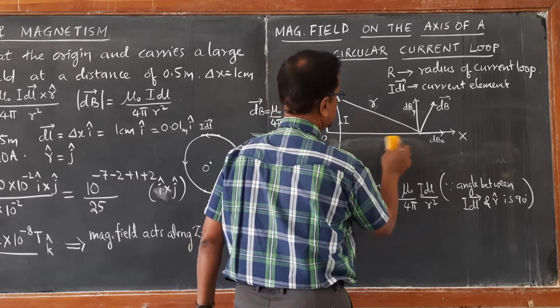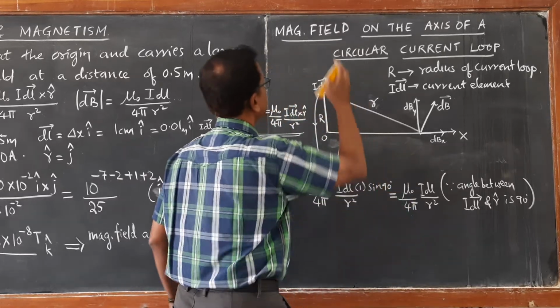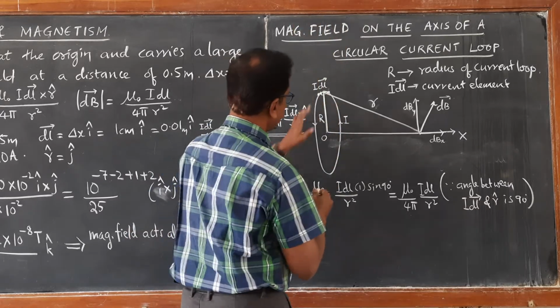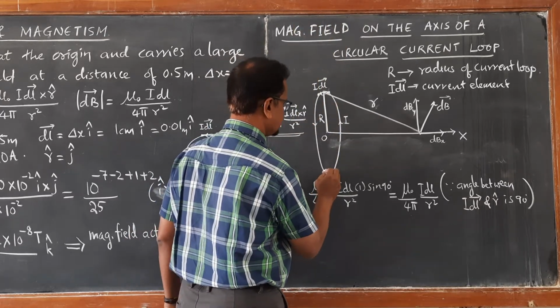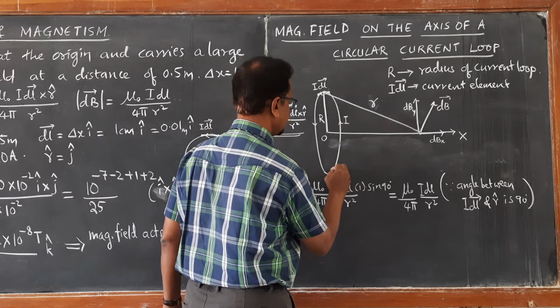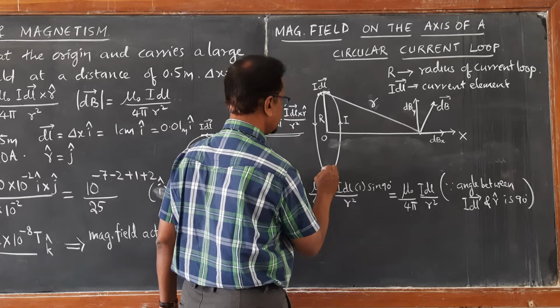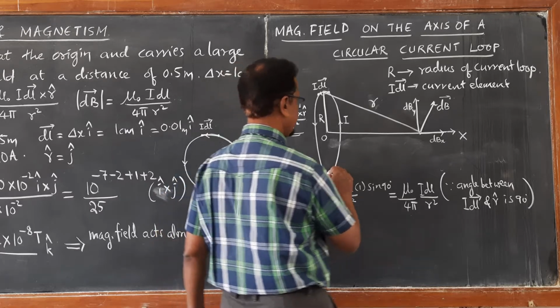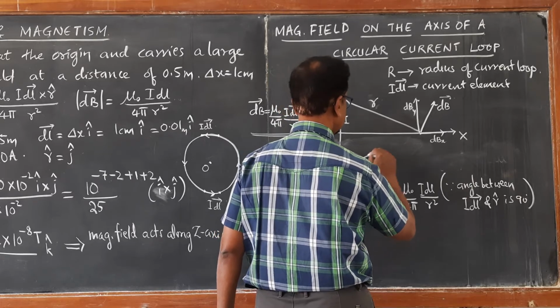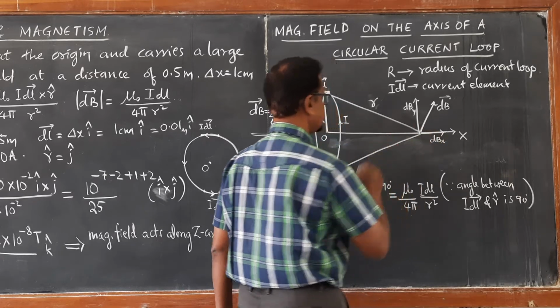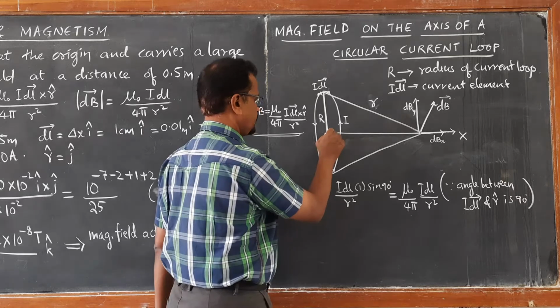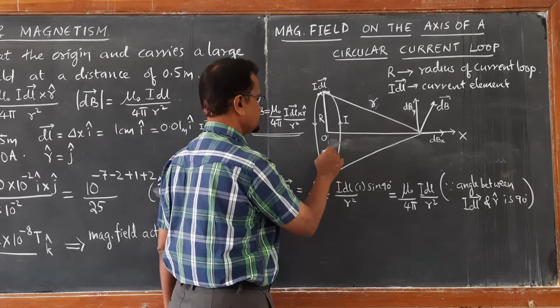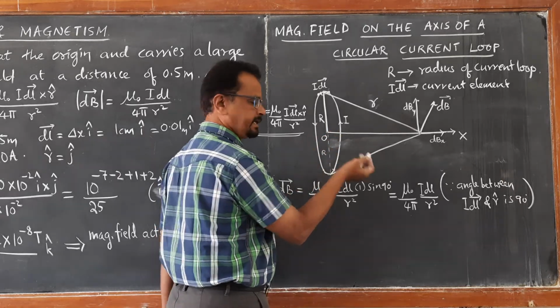Yes, I will just choose the exact diametrically opposite element, which is here, the exact diametrically opposite element, idl, and from here if you draw, this becomes the distance vector r, and of course this is radius capital R. The angle is again 90 degrees.